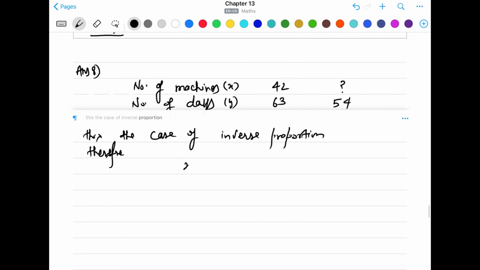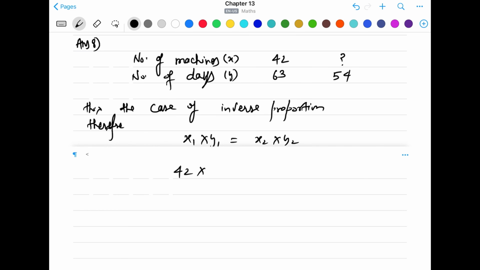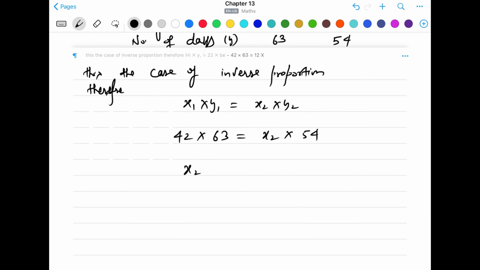Therefore we can use the relation x1 into y1 equals x2 into y2. x1 in the first case is 42, y1 is 63. x2 we have to calculate, y2 is given as 54.